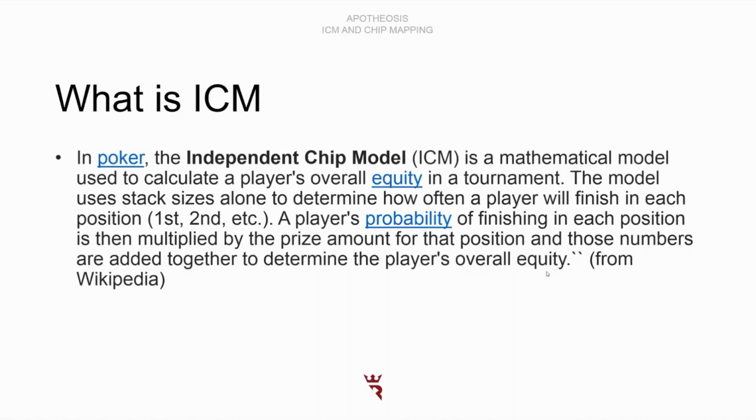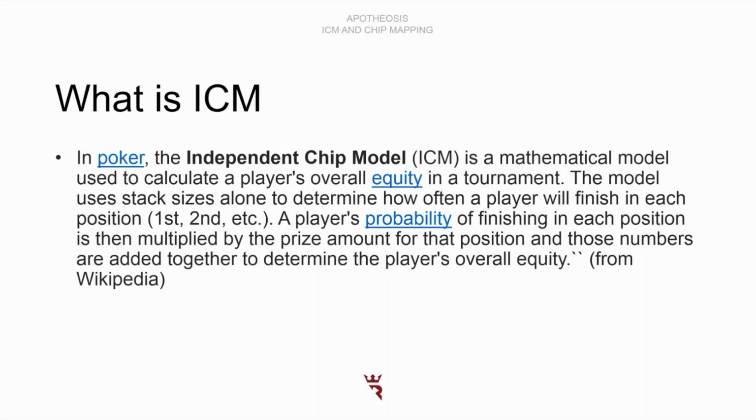So this is similar to what we were doing when we were calculating chip EV. And what ICM says is, hey, we're not playing to maximize chips, we're playing to maximize dollar value, and we want an accurate representation of what our stack is worth. So we're going to figure out how often our stack size finishes in each of the positions that pay. Well, in each position, period, but all the ones that pay are the ones that actually add equity to our stack.